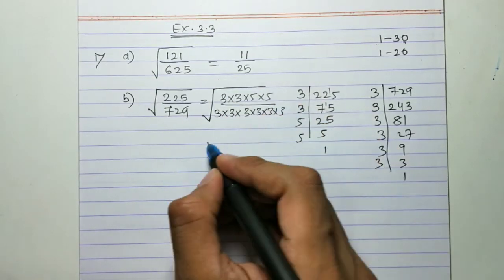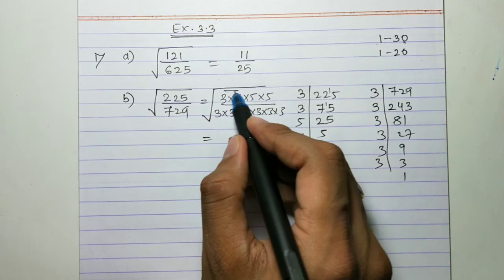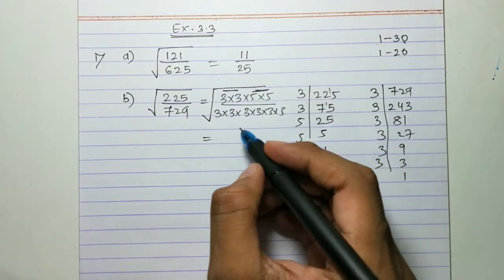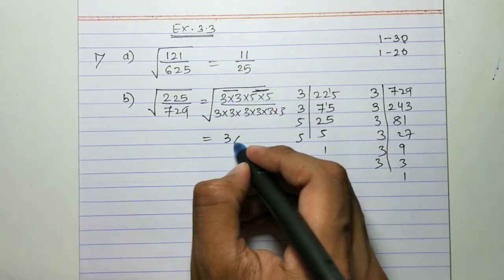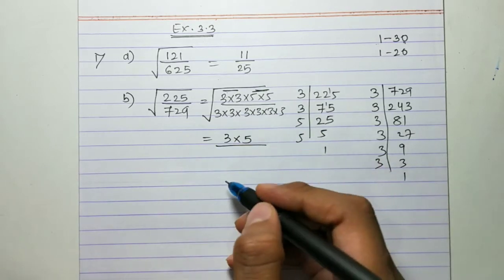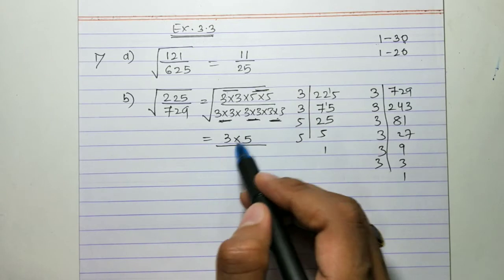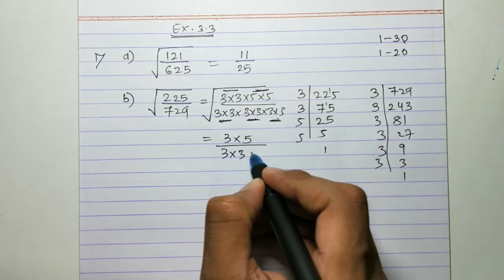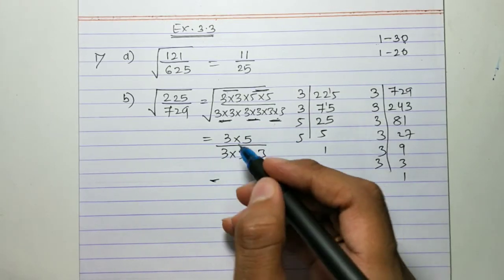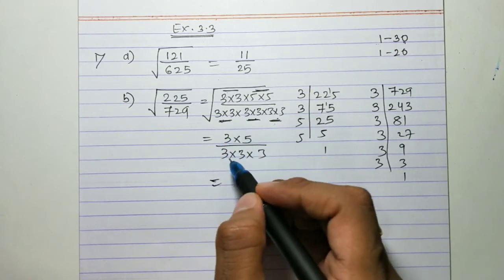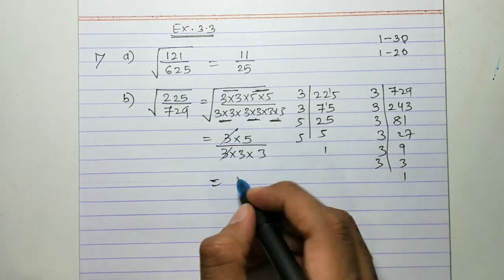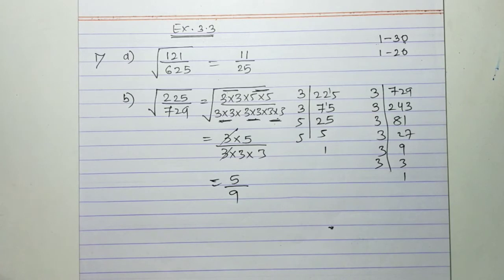and then you have to take the square root. Okay, so take pairs, this 2 3s and this 2 5s will make pairs. So when we take the square root, 1 3 and 1 5 will come, and then here you will make pairs. So 3 pairs are made, take 1 number each, 3. Now this cancels here, see, you can see the cancellation is possible, so do it. So what will be your answer? 5 upon 9.